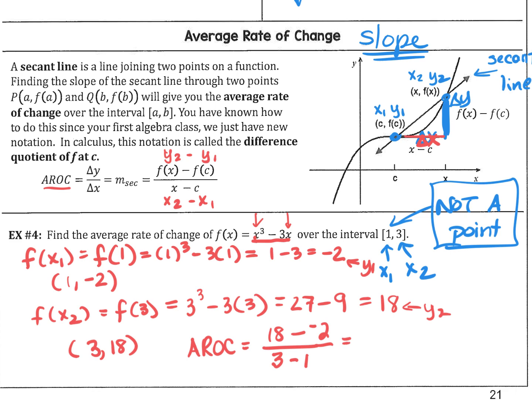Minus the negative becomes a positive, so we have 20 divided by what? Which is what? So the average rate of change is 10.